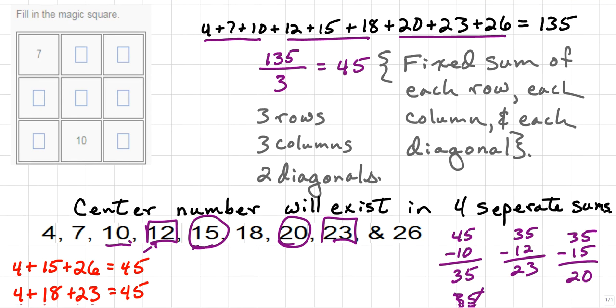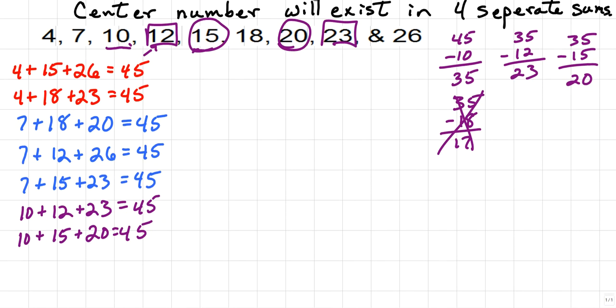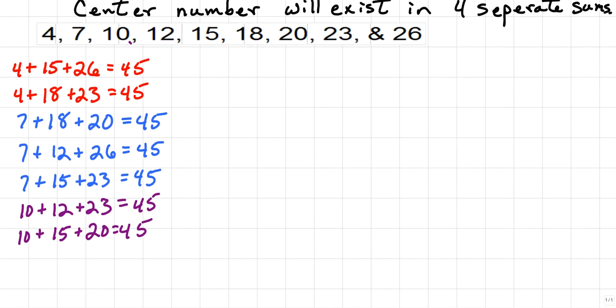Alright, so let's move on to the next number in the sequence. So the next number in the sequence is 12, and if we look at that very carefully, we note that 12 already exists in two of our sums, which is going to be this one right here and this one right here. So I'm just going to write those out.